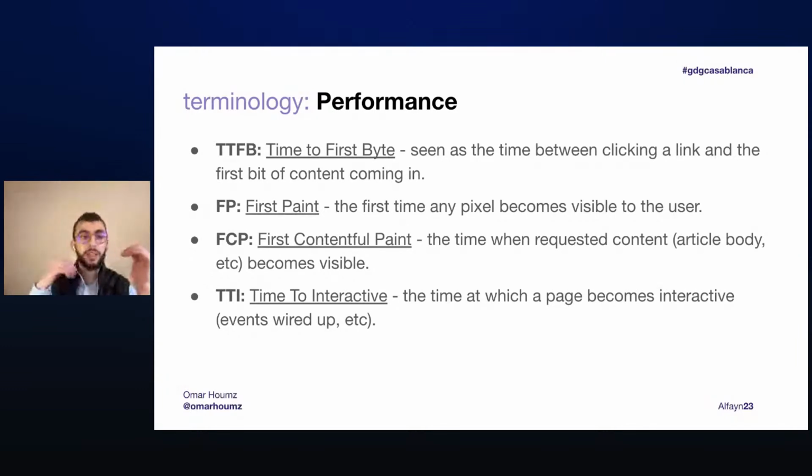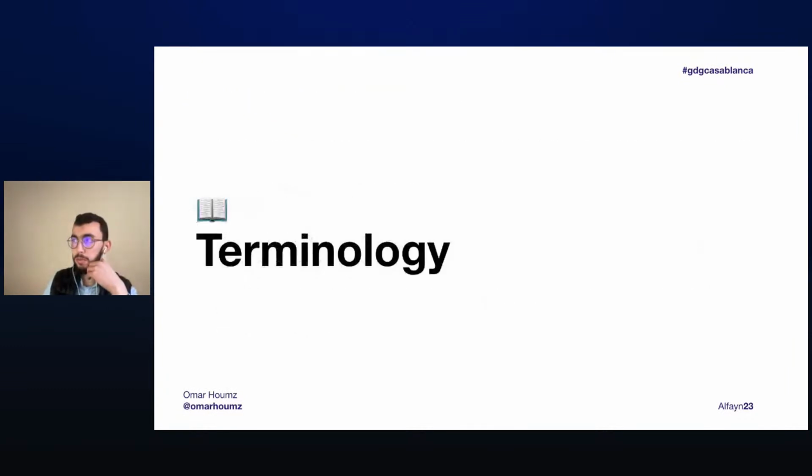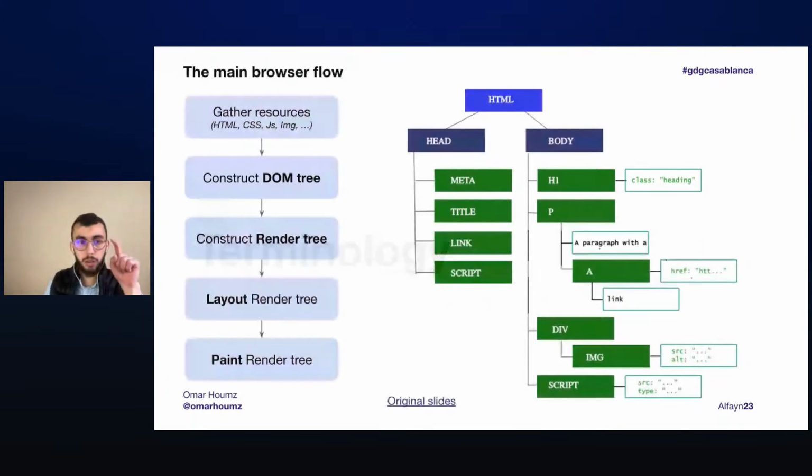For example, the first one is time to first byte, seen as the time between clicking a link and the first bit of content coming in. So when you click on a link, the browser starts gathering the resources, and the first bit that we get, that's the time it takes. That's the time to first byte.